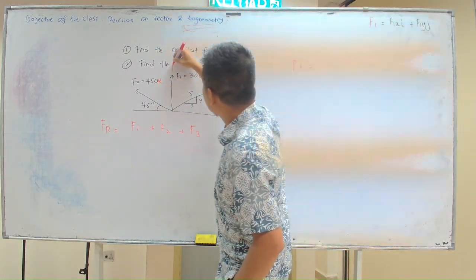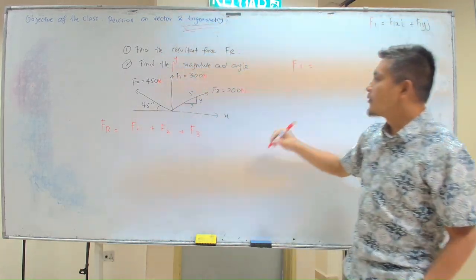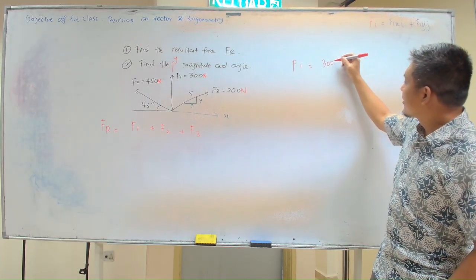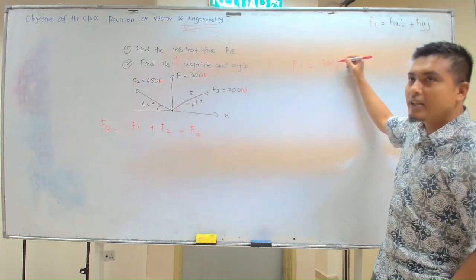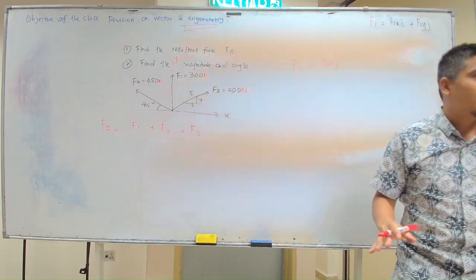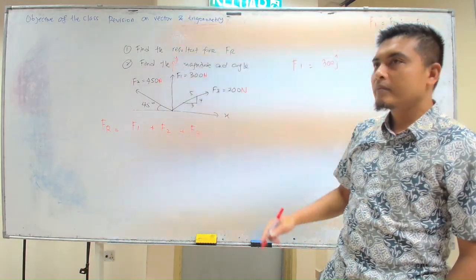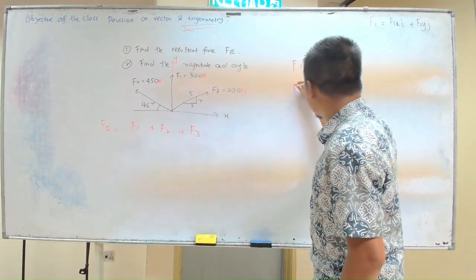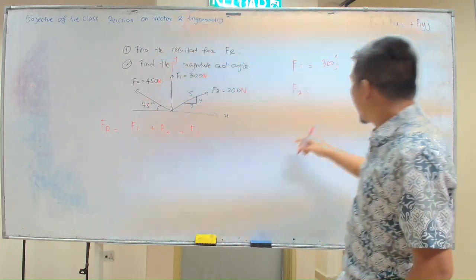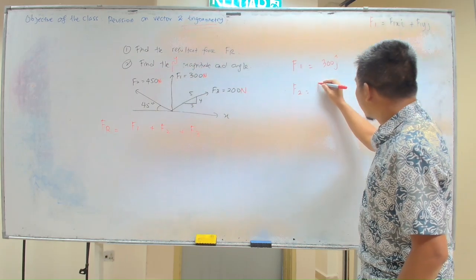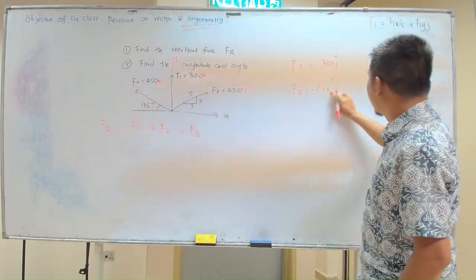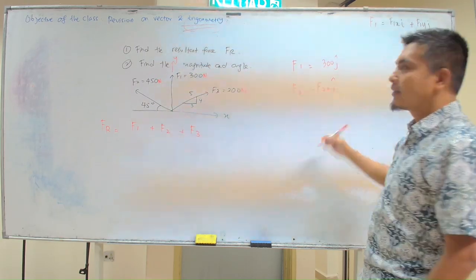This is Y. What is the direction of F1? 300. J positive or negative? That's all. Okay. So now we go to F2. F2 should be negative F2x, is it?